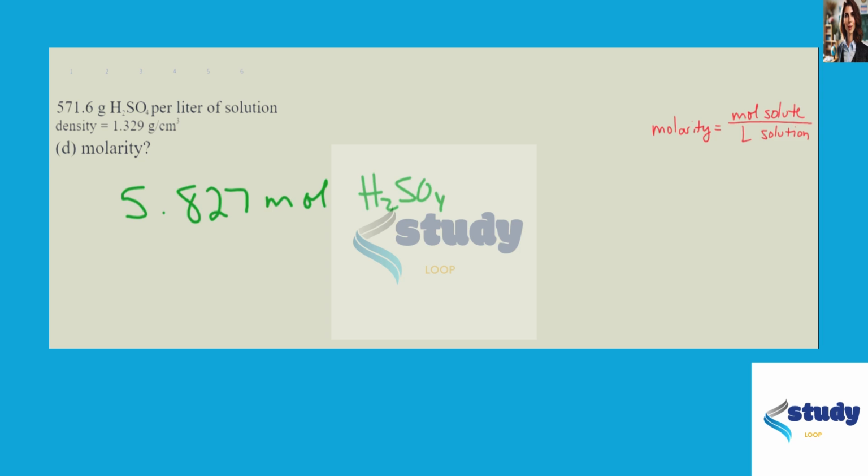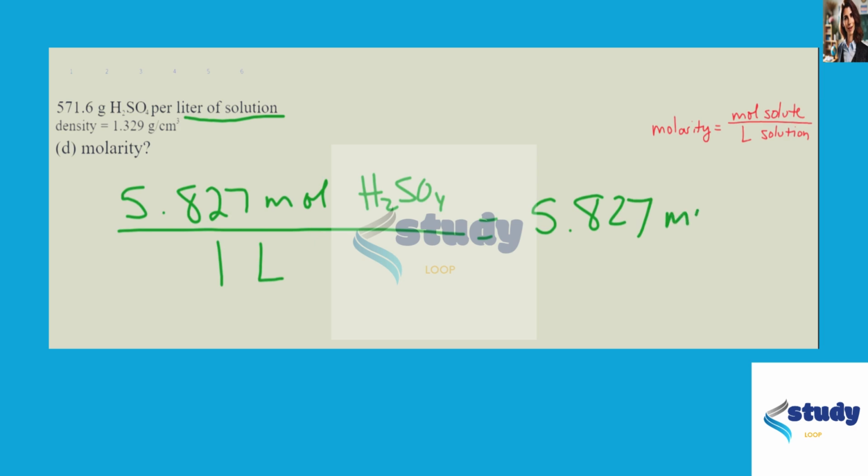And again, recall that what we're doing is we're assuming 1 liter of solution. So I have that many moles of sulfuric acid in 1 liter of sulfuric acid solution. So this is simply 5.827 moles per liter, which is also written 5.827 molar H2SO4.